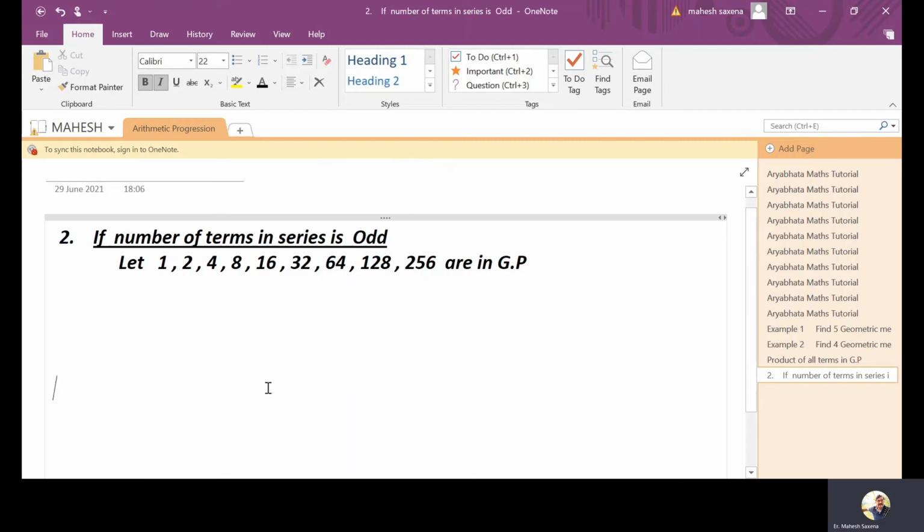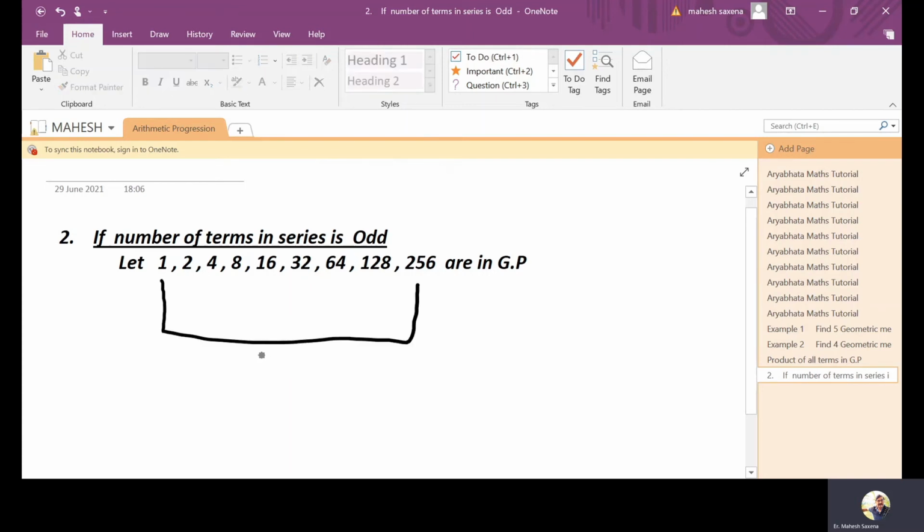Now we take the example in which the number of terms in the series is odd. For example, let the terms be 1, 2, 4, 8, 16, 32, 64, 128, 256. In this case, there are 9 terms in the series. It is also very easy to check that the product of the first term and last term is 256.